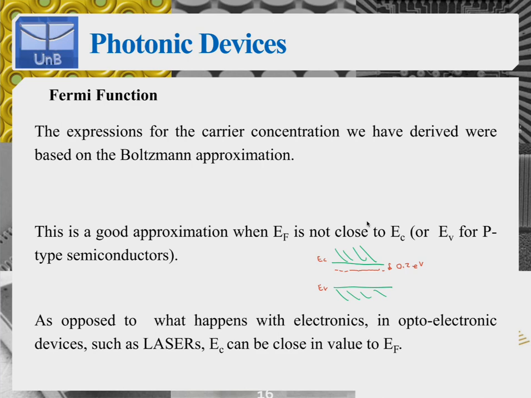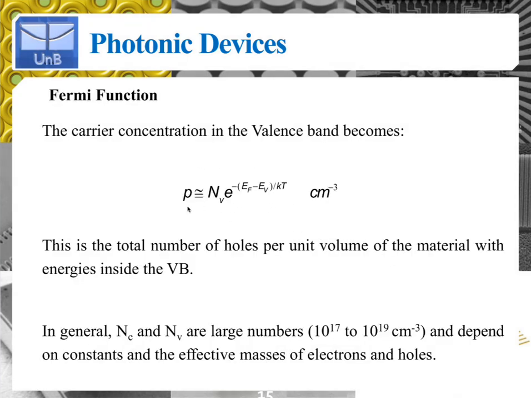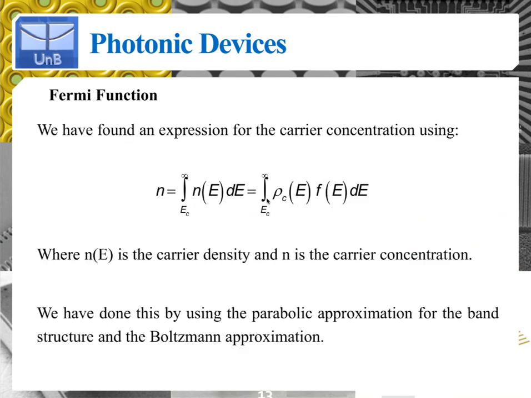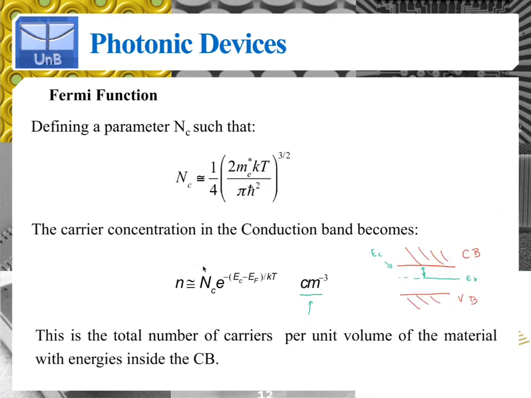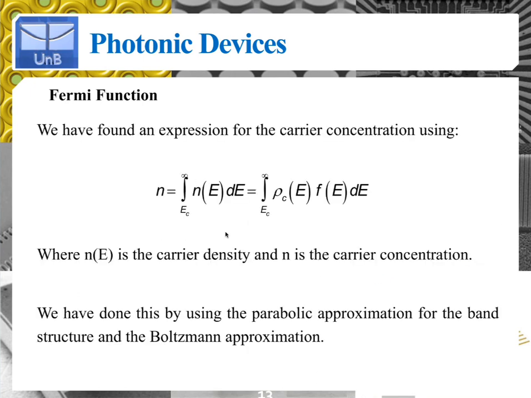When the doping is too heavy, you cannot use this expression, nor this expression here. You need to perform the integral numerically in that case to have a better estimate of the electron and hole carrier concentration in the material.